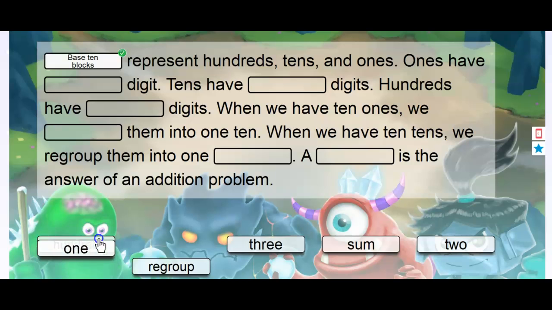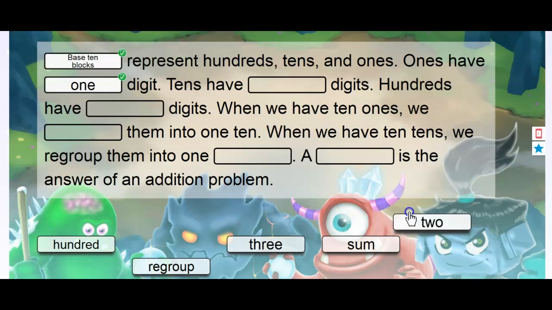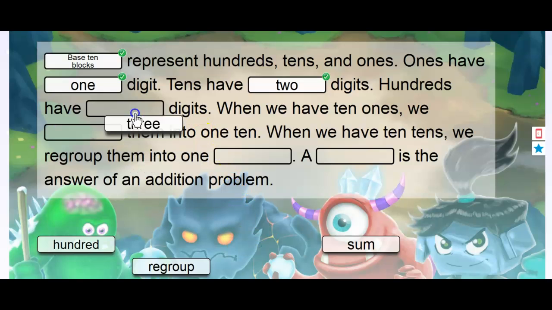Yes, ones place numbers have one digit. Tens have blank digits. Yes, tens place numbers have 2 digits. Hundreds have blank digits. Yes, hundreds numbers have 3 digits.